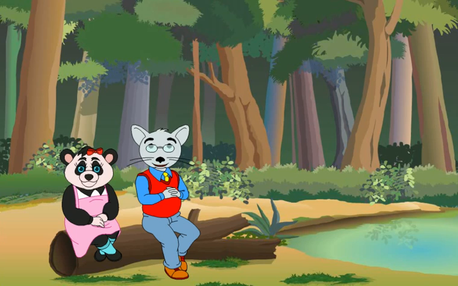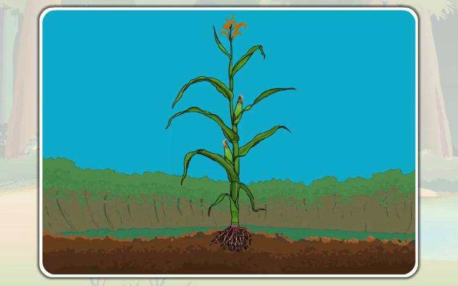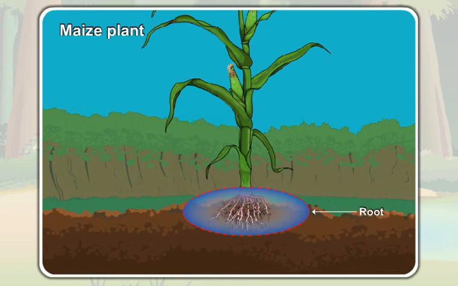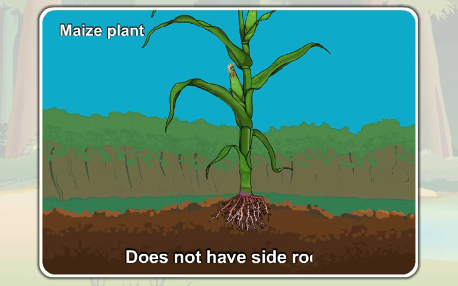Dear students, let us now learn about another kind of root. We all know that this is a maize plant. Now, look at its root carefully. Unlike a mustard plant, it does not have the main root, nor does it have the side root.